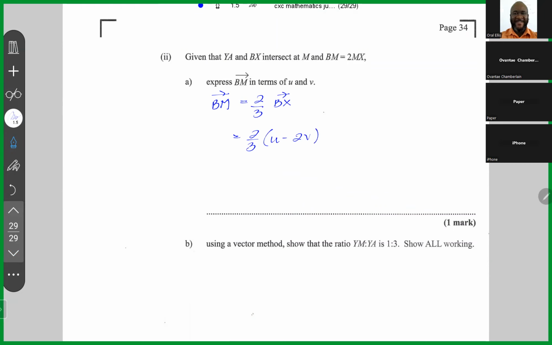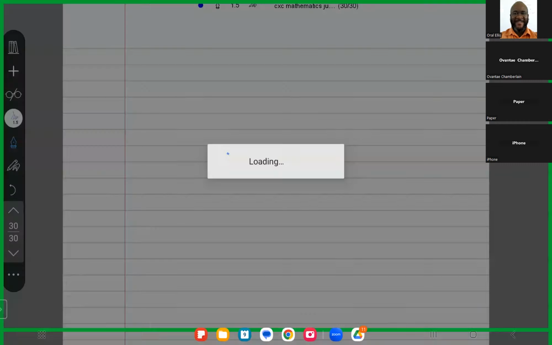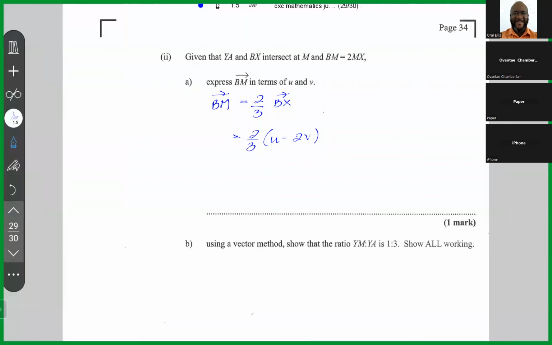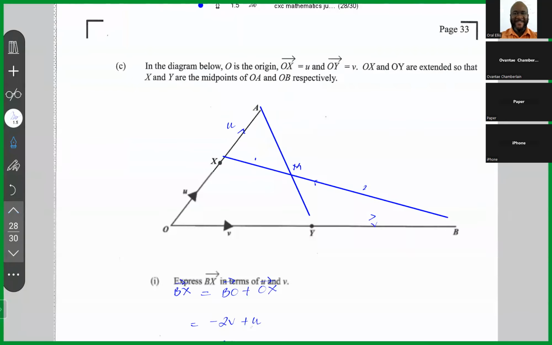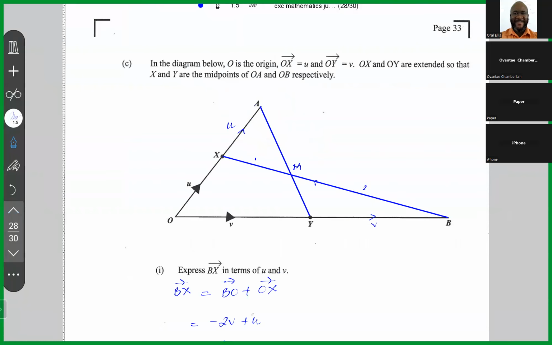Using a vector method, show that the ratio YM to YA is 1 to 3.